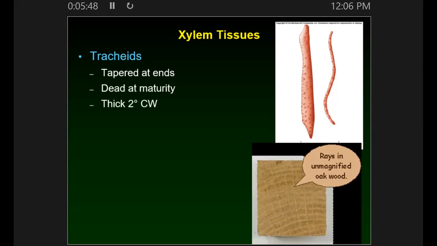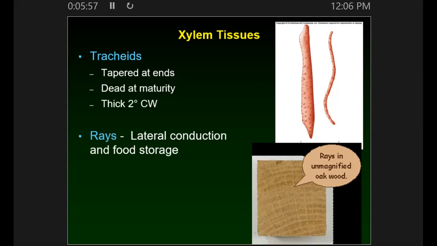And then the other part of the vascular tissue, when you think about big trees that have really wide tree trunks, they'll have rays that radiate out from the center of the tree trunk out to the periphery. That's just for lateral conduction.